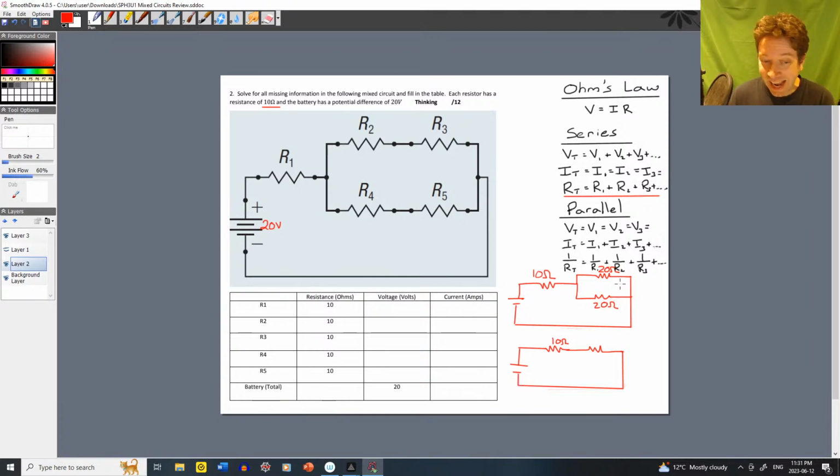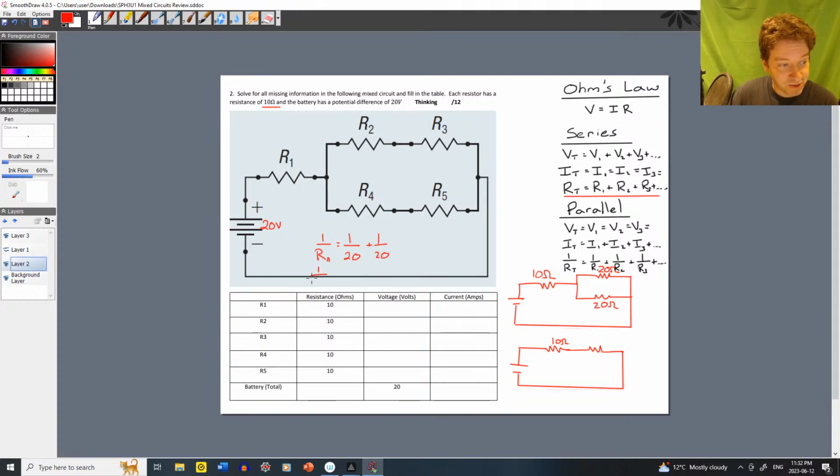So to add these, we have to add resistors in parallel. Let's write this over here. So we're going to have 1 over R parallel equal to 1 over 20 ohms plus 1 over 20 ohms. So that's 2 over 20, which is a fraction that reduces to 1 over 10.